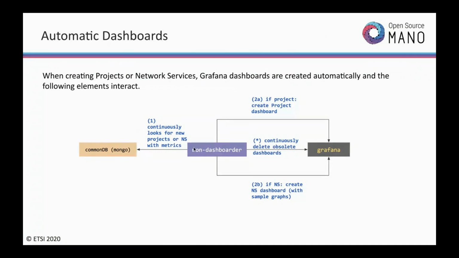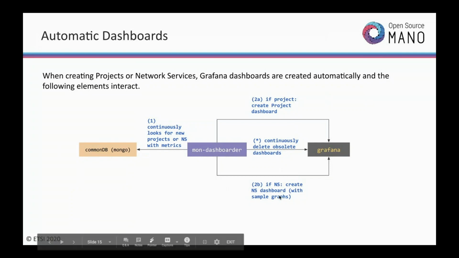So, for example, you have the admin project. Then you will find an admin project dashboard in Grafana, which lists all the network services you have, lists the VIMs you have, lists the status of your network services and everything. It also continuously deletes obsolete dashboards in case a VNF is deleted. And it creates a default network service dashboard with sample graphs whenever a network service is created.